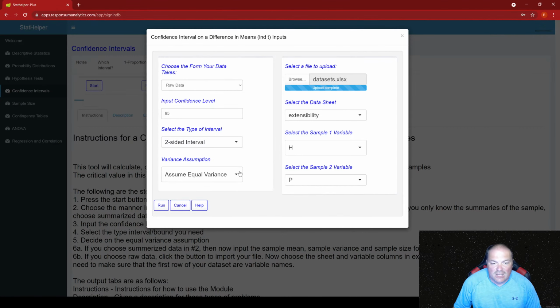We still have to get our variance assumption. In this particular case, we proved that the variances were equal, so we're going to assume equal variance. So technically, the only difference between what we did for the hypothesis test and what we're going to do here is, instead of choosing alpha, we choose confidence level. And instead of choosing alternative, we choose which type of interval you want to create.